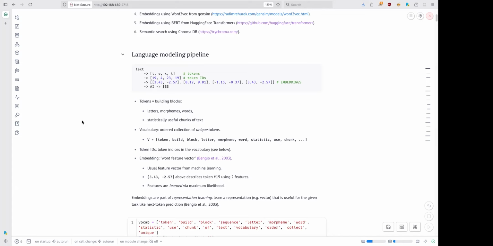So you compress your text from 1,000 bytes into 100 tokens. I mean, this is way too much probably, but something like this, you get a compression ratio. So this is what I mean by statistically useful pieces of text.